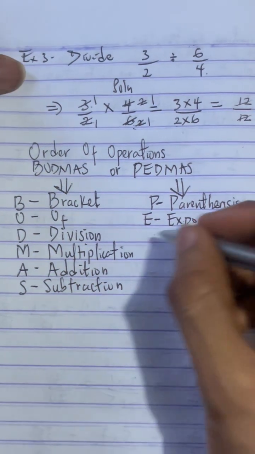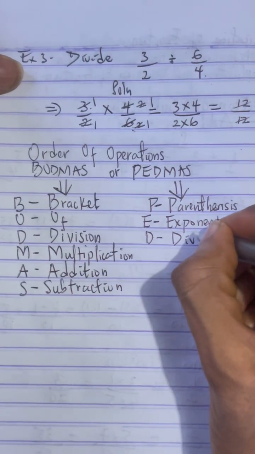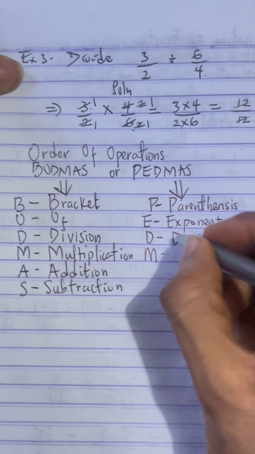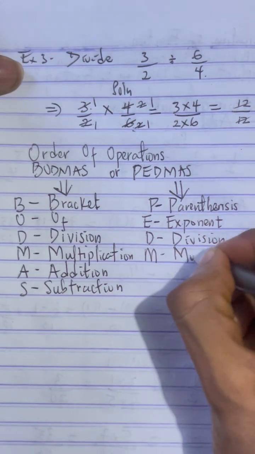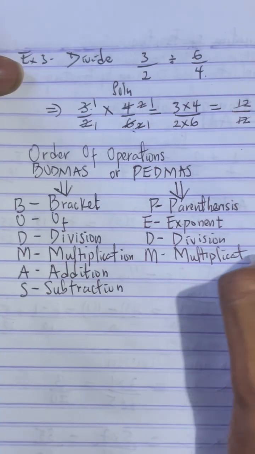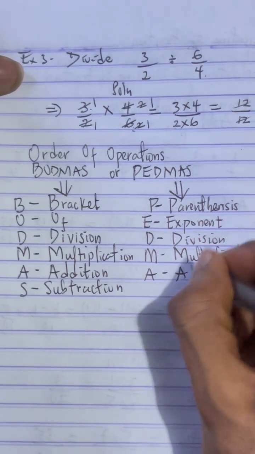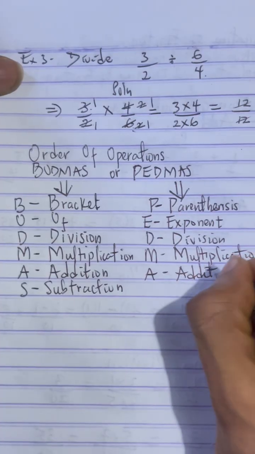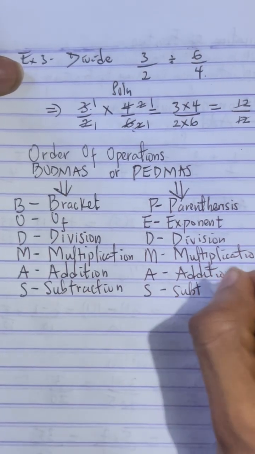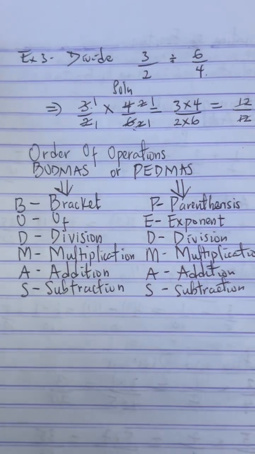The D is division. The M is multiplication. The A is addition. The S is subtraction.